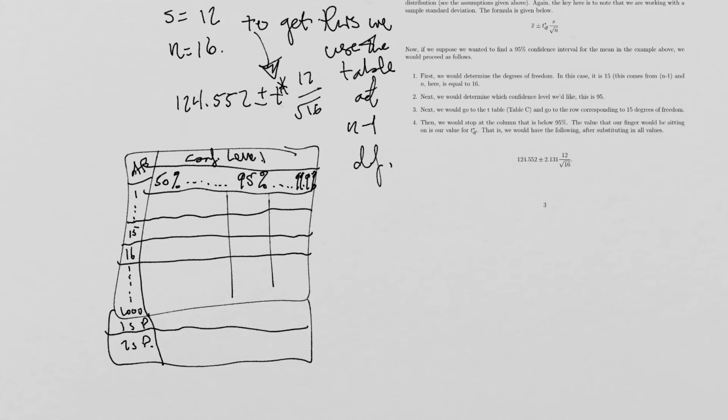So n is equal to 16 implies that nu, or df, is equal to 15, which again is just n minus 1.